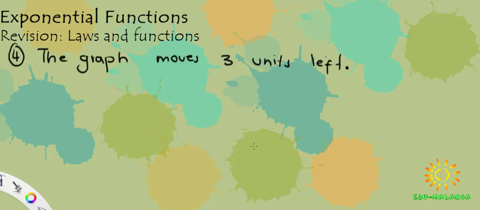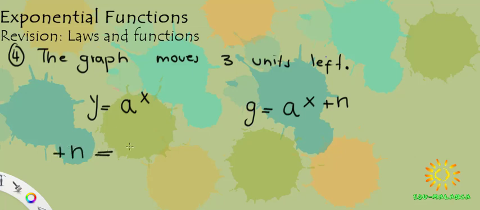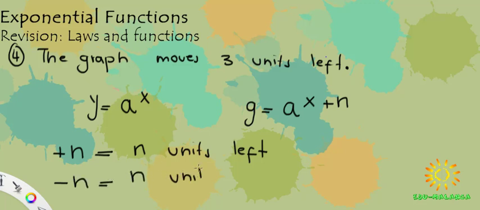This question is helping us revise the effect of any number when you add it to the exponent. So let me use the basic expression to explain this. If you have y is equal to a to the power of x, and then you change it into g of x is equal to a to the power of x plus n, when the value is plus n, the graph will move n units left, and when the value is minus n, the graph will move n units right.